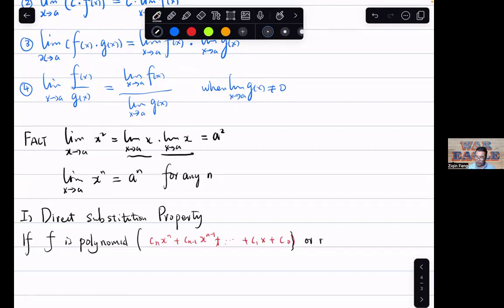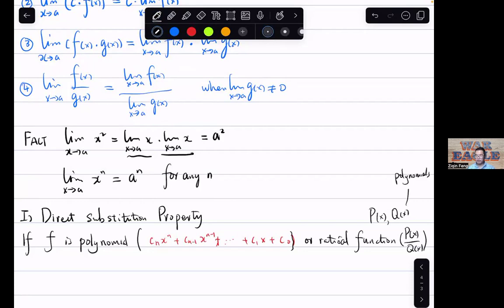Or rationals. A rational is basically a rational function, the quotient of polynomials. So this is P(x) over Q(x), where P and Q are both polynomials.